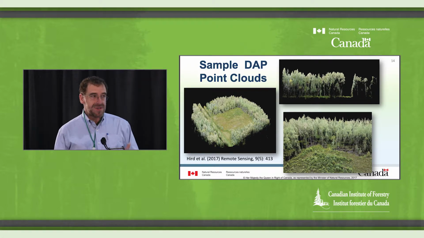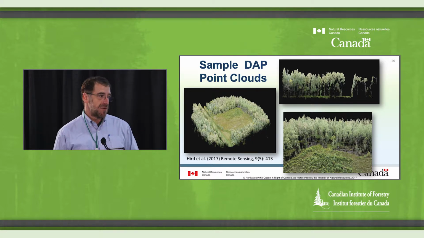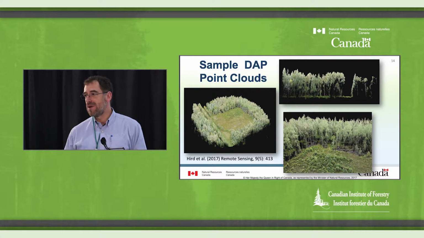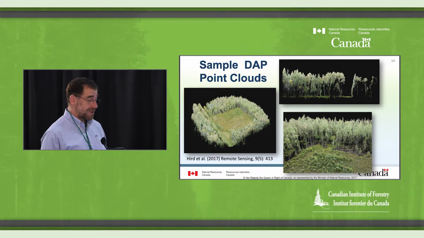There is, from a decade ago, a new framework in computer vision called structure from motion, and this has been implemented into a number of software packages, Agisoft, Pix4D. There is also some free software that does this.